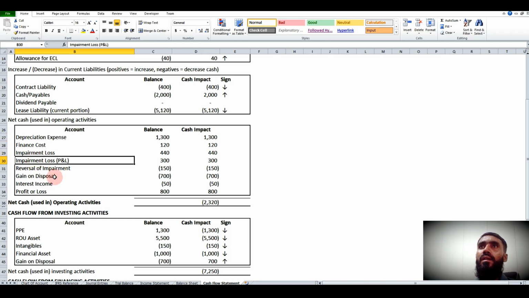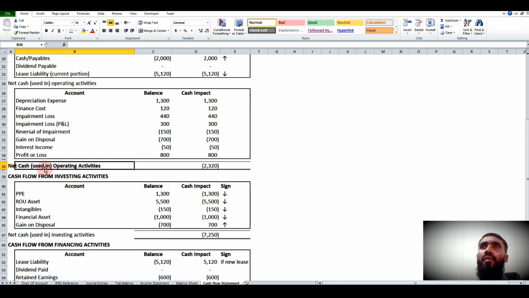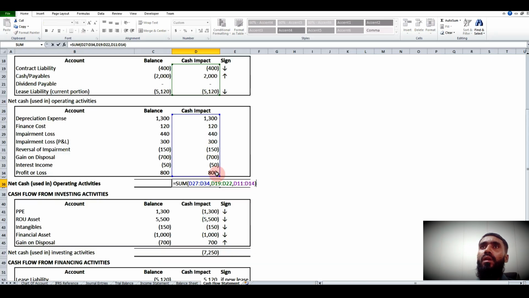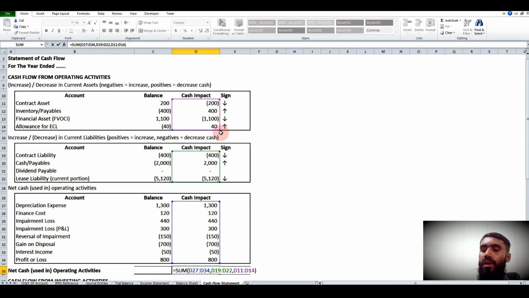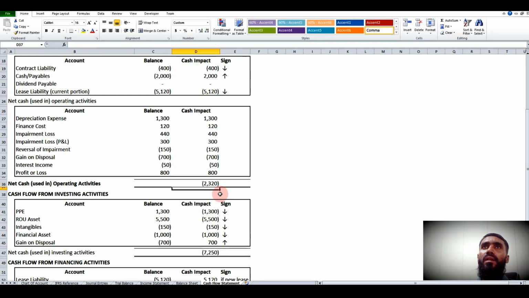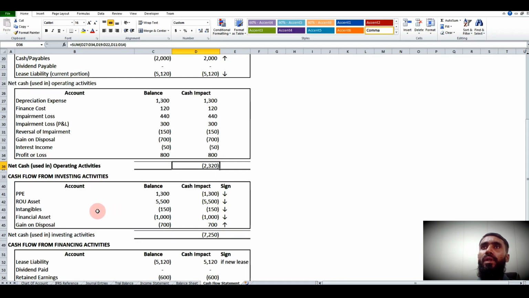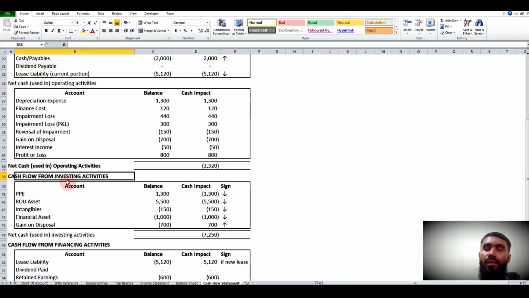Now, this is the depreciation expense, finance cost, impairment loss, reversal of impairment, gain on disposal, interest income, profit or loss. Net cash used in operating activities is the sum of operating activities. When the negative shows, it means the cash is increasing.